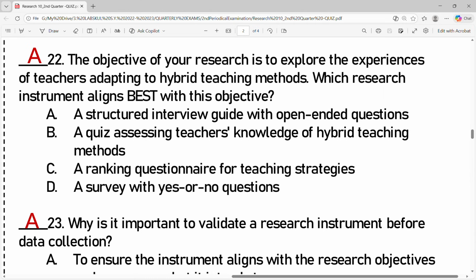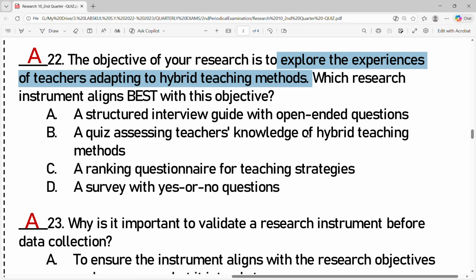22. The objective of your research is to explore the experiences of students adopting to hybrid teaching methods. Which research instrument aligns best with the objective? So, if you're going to explore on the experiences of the teachers in adapting to hybrid teaching methods, kinanglan interview mo gina siya para mabalaan mo in depth about what their experiences are.